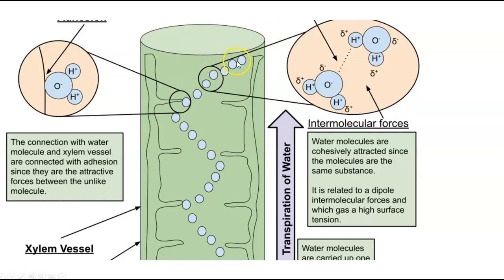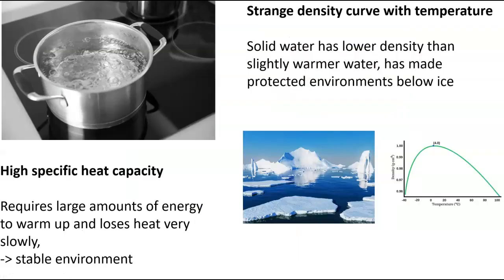And since there's attraction between this one and the next one, this one will move with it and so on, and that will transfer down the whole line, meaning that the water will move as a cohesive unit through this whole system. So this adherence to the sides and this cohesive property means that water can move passively from the root up to the leaves of plants. So that's a very important aspect of water.